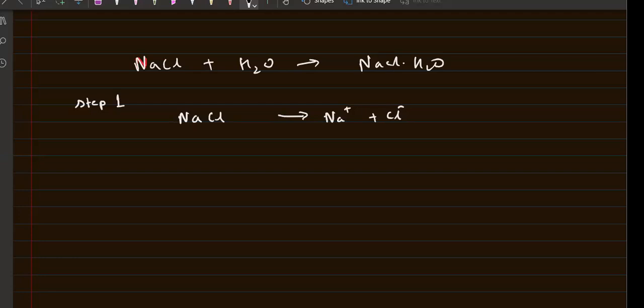This is your ionization, and this energy is called lattice energy. How many of you remember this? Because we are breaking this NaCl lattice. So this is your lattice energy.